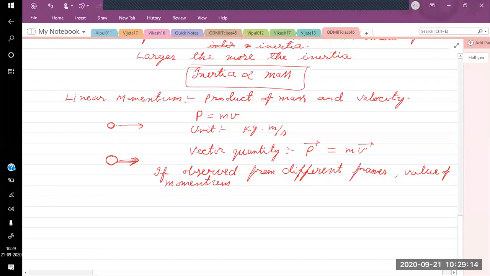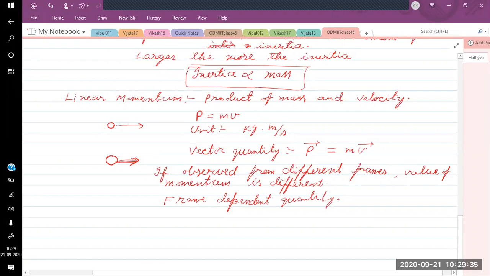So it is a frame dependent quantity. Okay, so this is linear momentum.